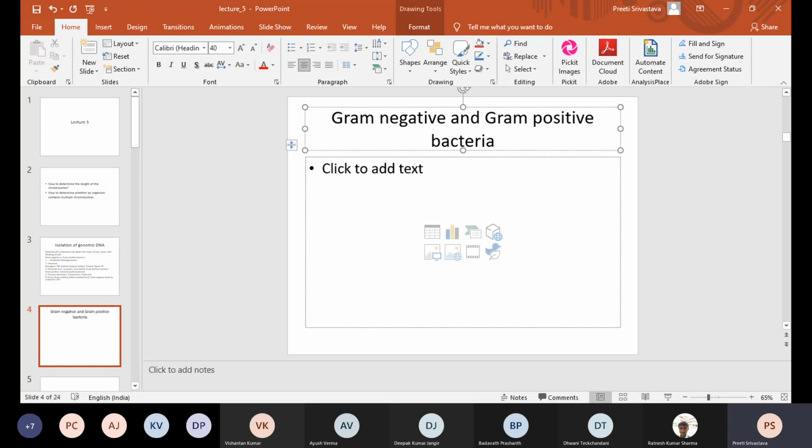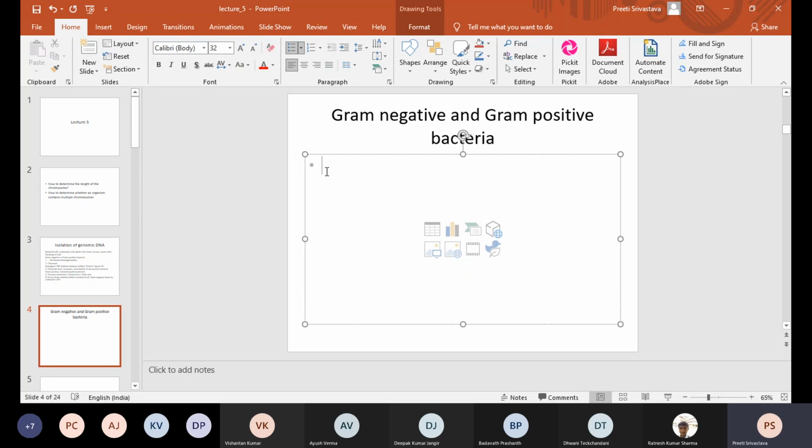When we talk about gram negative and gram positive bacteria from the last class, what is the main difference that you remember in the method of mechanical lysis? Or you forgot? Positive bacteria require what?